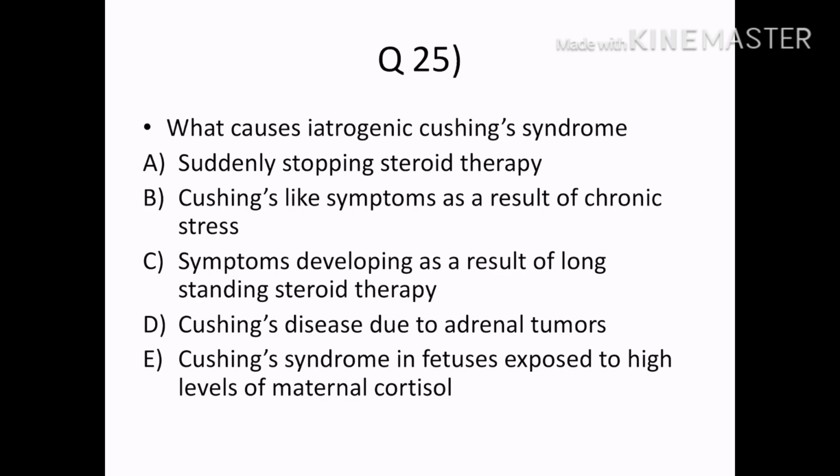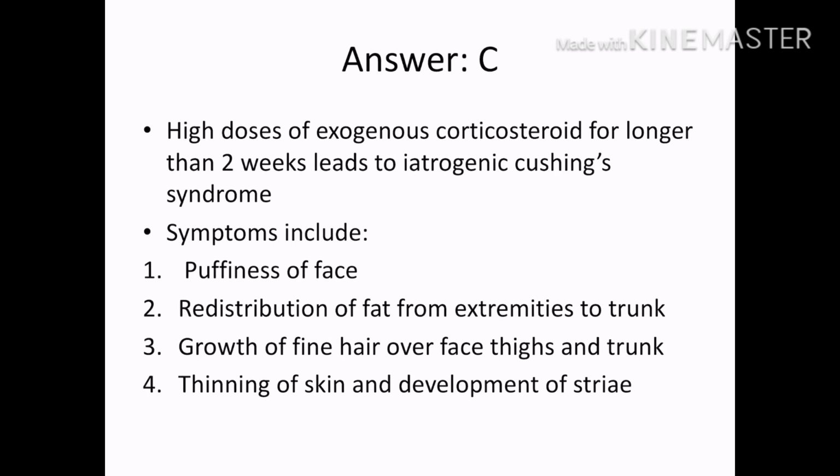So Cushing syndrome results when there is excessive production of ACTH, which leads to excessive cortisol, and the symptoms that develop is what we call Cushing syndrome. What is iatrogenic Cushing syndrome? Iatrogenic Cushing syndrome results when a patient is given exogenous corticosteroid for longer than 2 weeks.